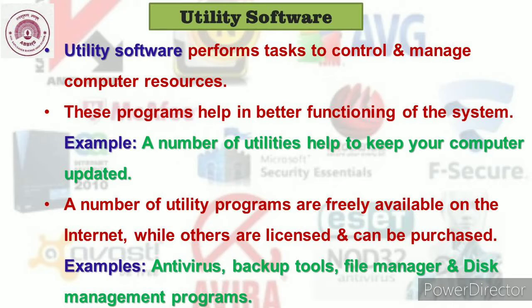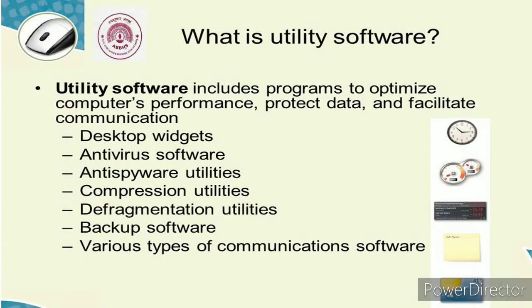Examples of utility software are antivirus programs, backup tools, file manager, and disk management programs. To explain you in more detail, utility software includes programs to optimize computers' performance, protect data, and facilitate communication.